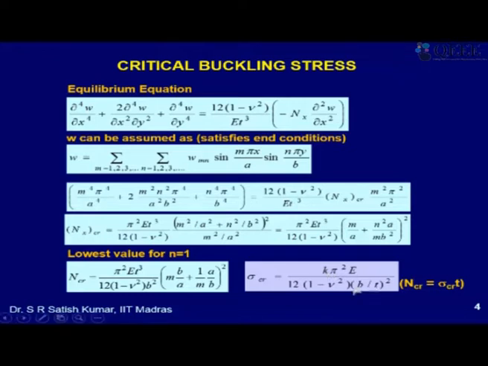Instead of putting K here as KB by T, we keep it outside in the numerator as a different K, and that is called the plate buckling coefficient. So we get a fairly simple expression for buckling of a long plate where A is either 1 or greater than 1, but we are getting a lower bound value of the buckling stress.